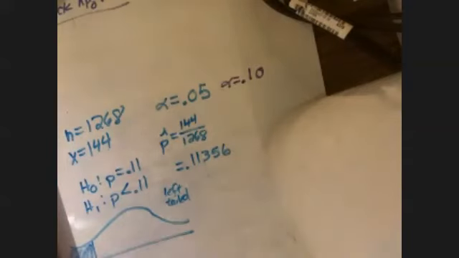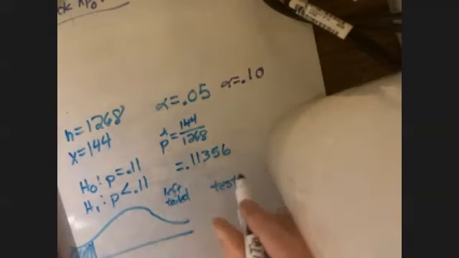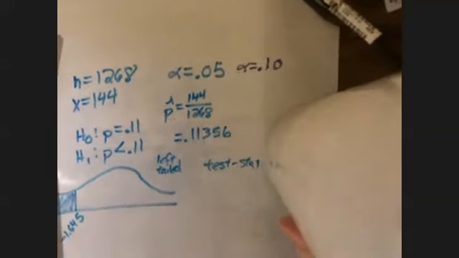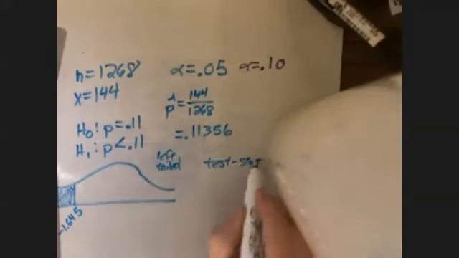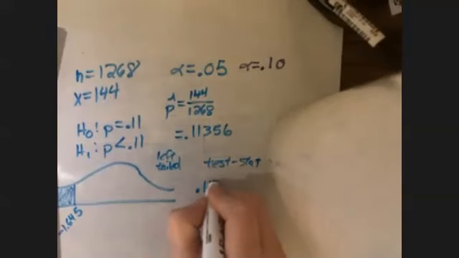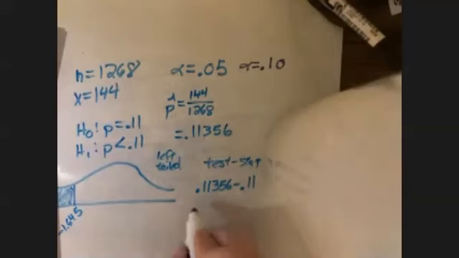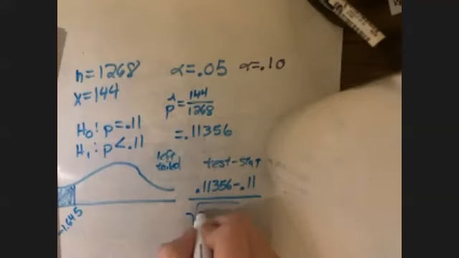So I'm going to go ahead and mark that. Now the next thing we need to do is find our test statistic. That is 0.11356 minus 0.11, over the square root of 0.11 times 0.89 over 1268.